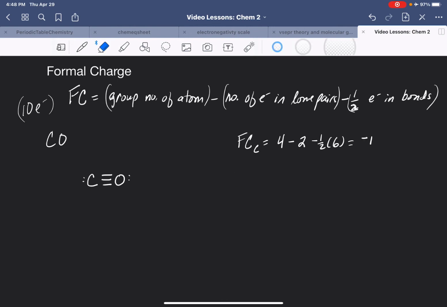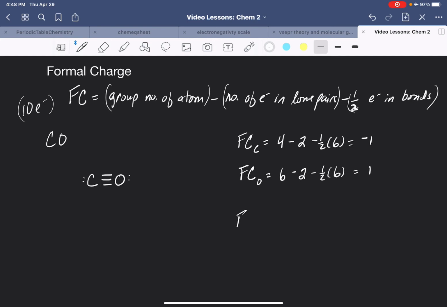So now we come over here, we've got formal charge on our oxygen, so group number 6, minus the number of electrons in lone pairs. This oxygen right here has 2 in lone pairs, minus 1/2 of the number of electrons in bonds. Again, that is 6. So 6 minus 2 is 4, minus 3 is our +1.